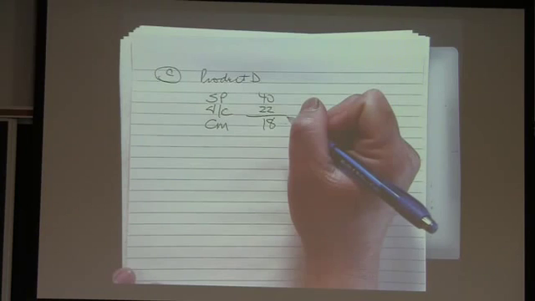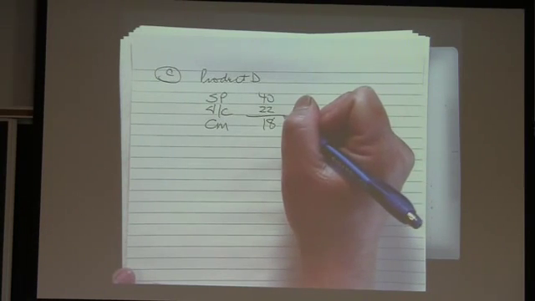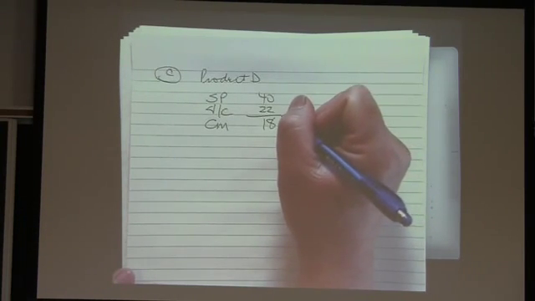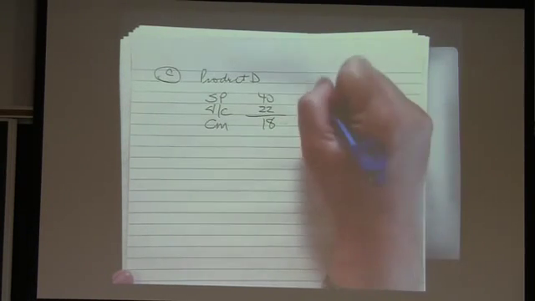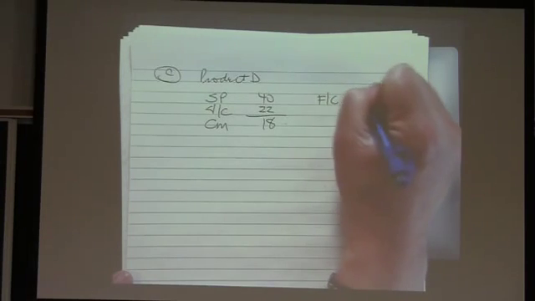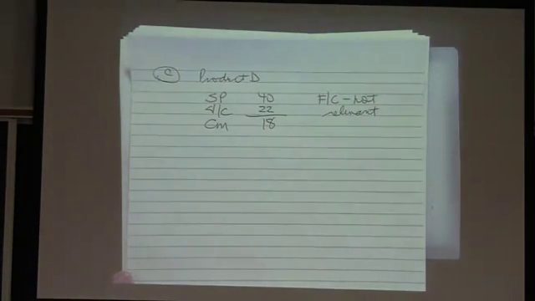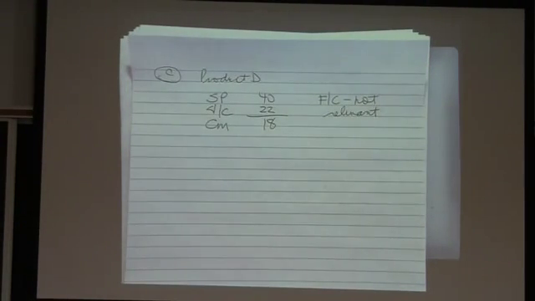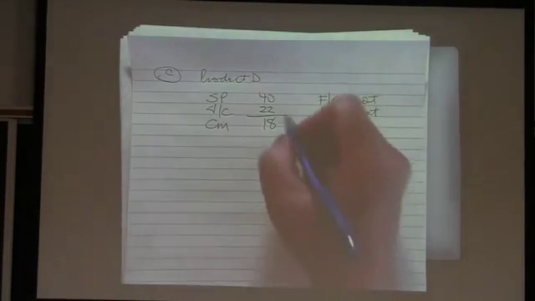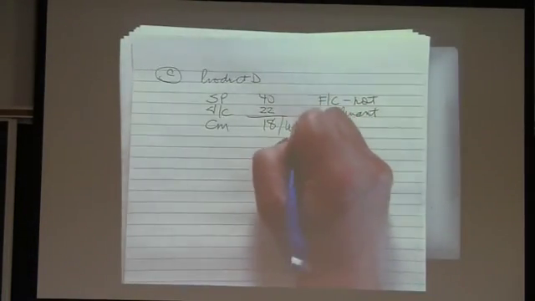Keep in mind that fixed costs are not relevant in this analysis, it's just an allocation. So $18 is the contribution margin per unit that we're going to earn from that.